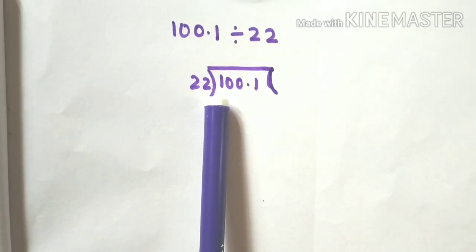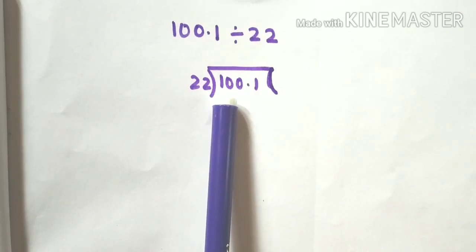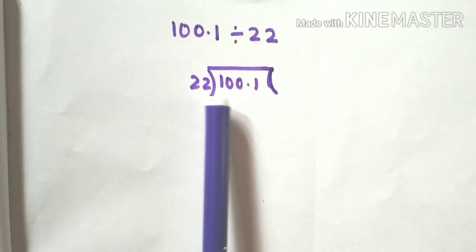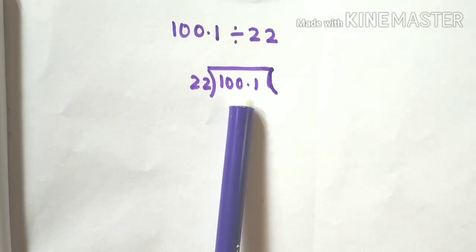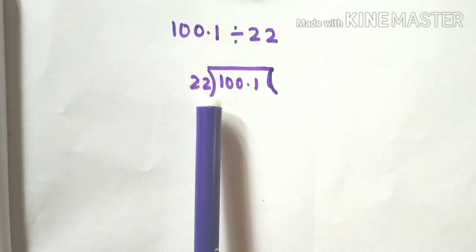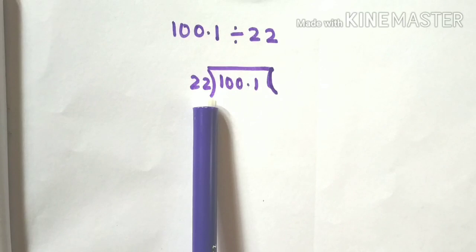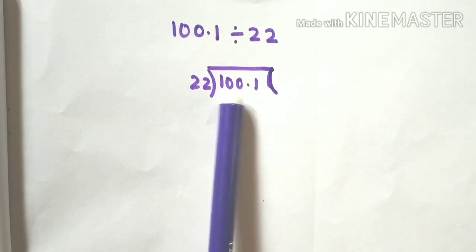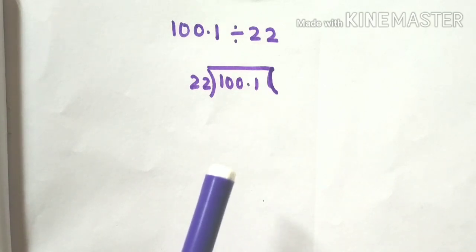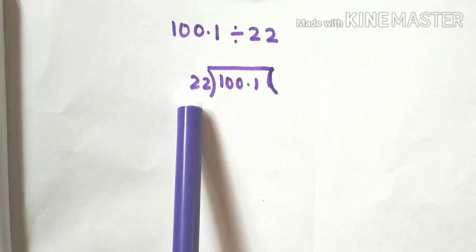So if we consider 2 digits from the dividend, we get 10, which is less than 22. So let us consider 3 digits from the dividend. So if we consider 3 digits from the dividend, we get 100, which is more than 22. So we can consider 3 digits from the dividend. That means we will try to divide 100 by 22.